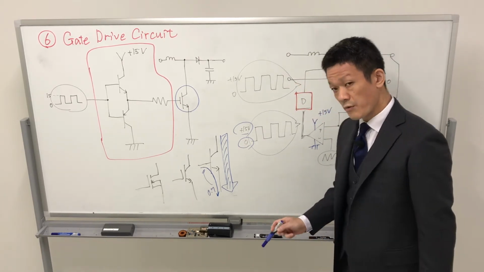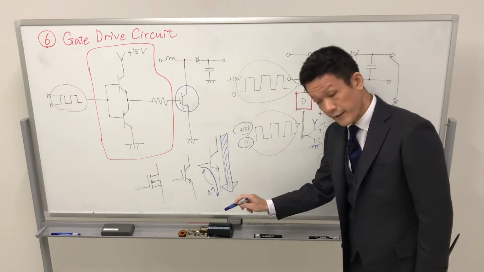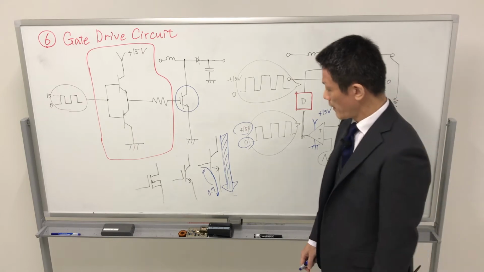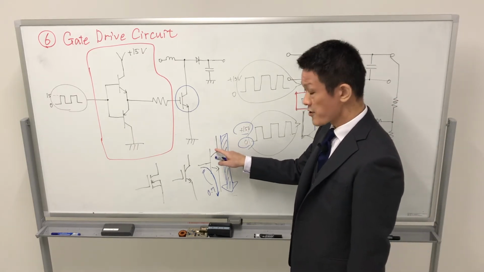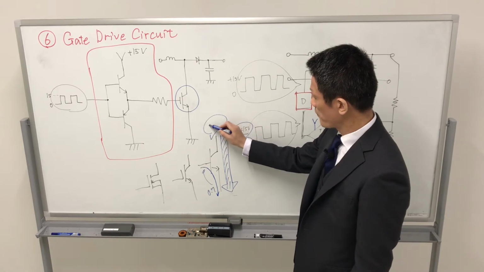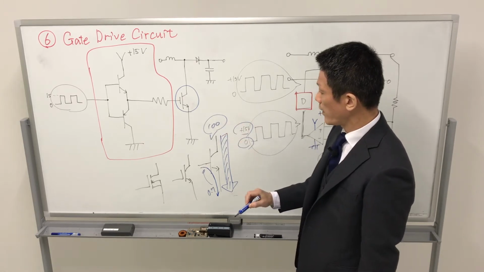The switching signal is this current. Current amplification is about 100.